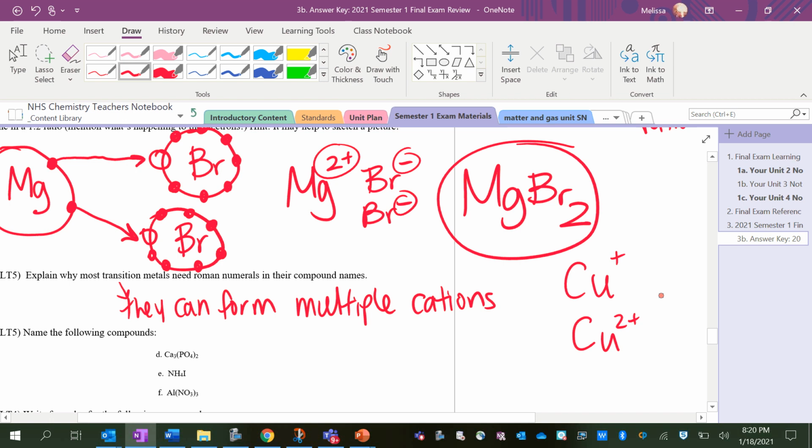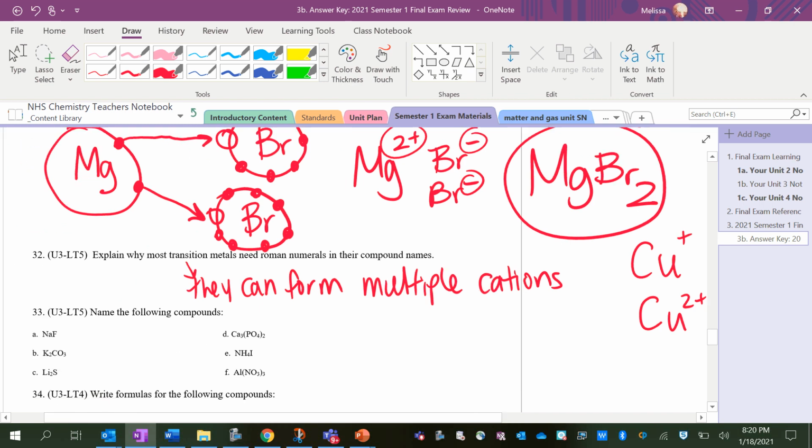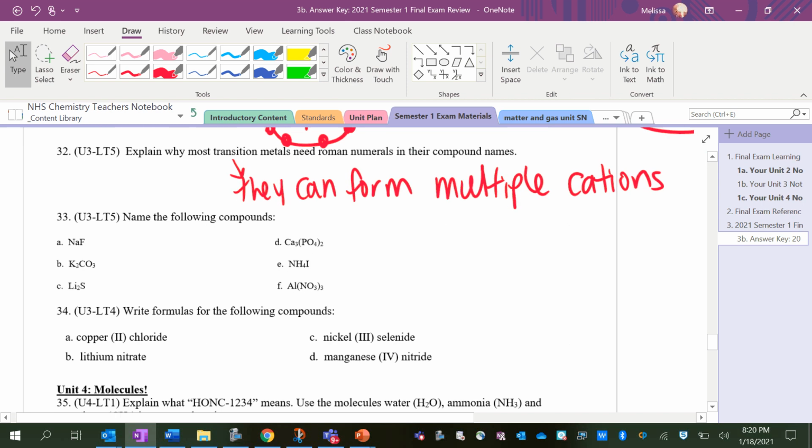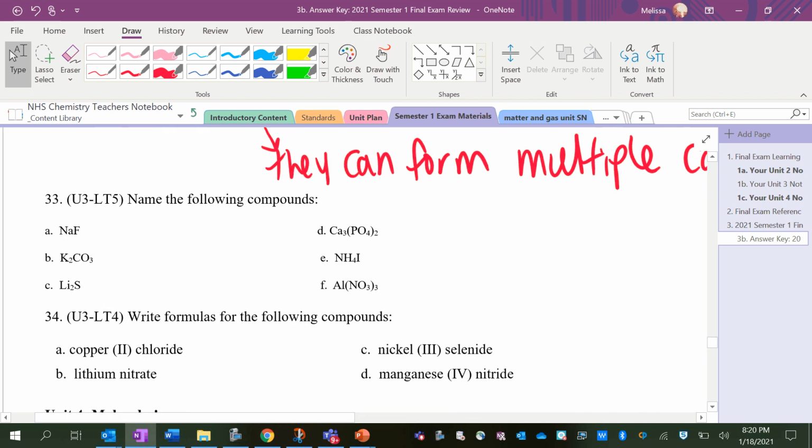So it's complicated. You can take inorganic chemistry in college and learn all about metals. So we've got to keep that in mind as we do some names if there's a transition metal involved, which I just noticed there's not any transition metals in number 33. So we got off easy here.